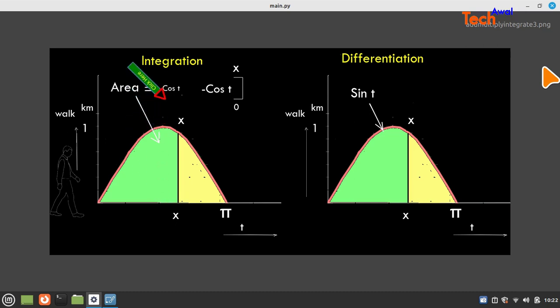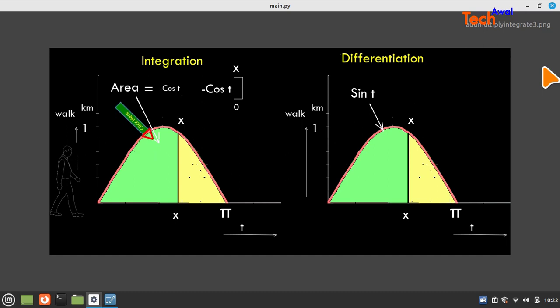So if the equation is sine t, then the area would be integration of sine t, that is minus cos t, between x and 0. So this is the area that he walked. So if we know the equation of this line, then calculating the area is integration.